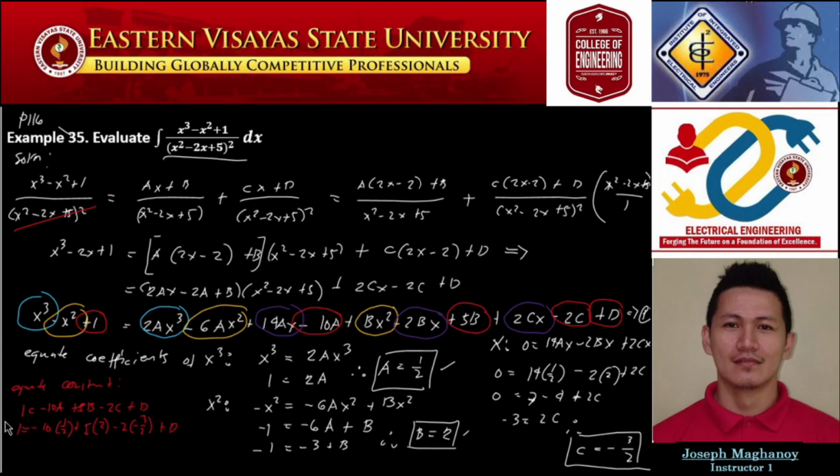Solving this equation, finally, our d is negative 7. So we have a value for a, b, c, and d. Now we can write our partial fraction. Moving on to our next page, we rewrite our partial fraction.